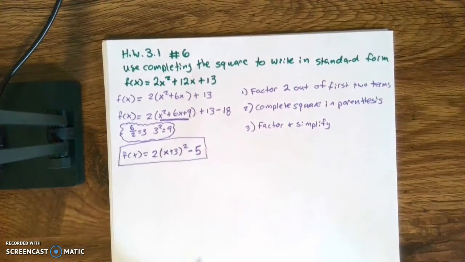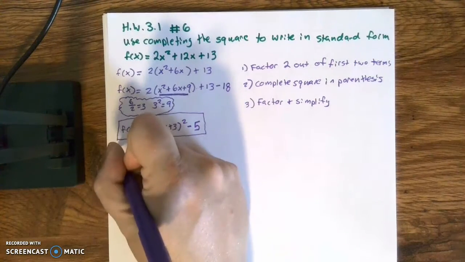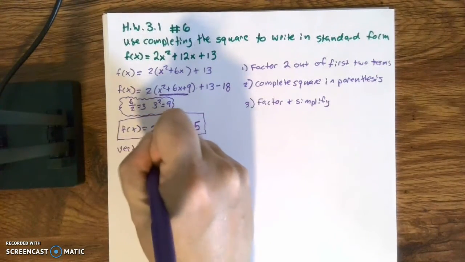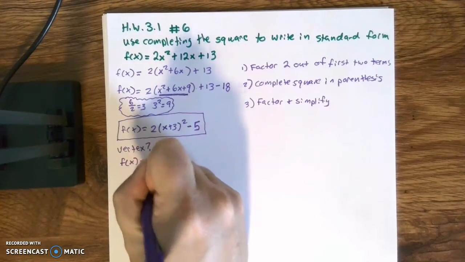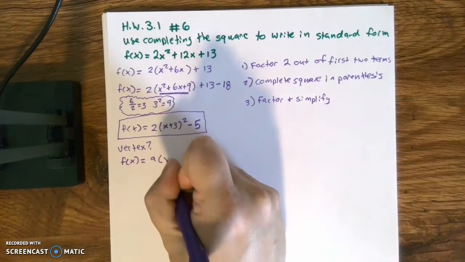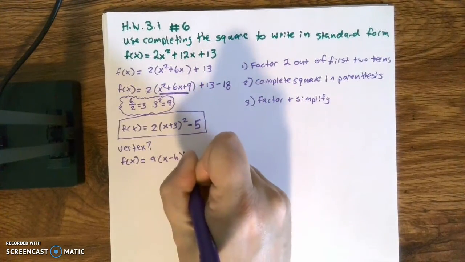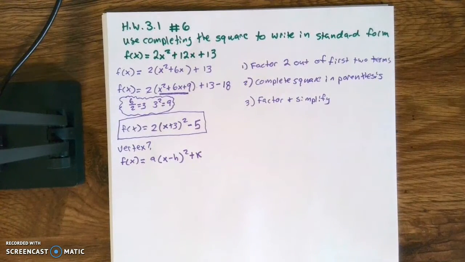All right, so now they want us to answer some more questions about this. So what is the vertex? Remember, if I have f of x equal to a times x minus h squared plus k, that's our standard form.